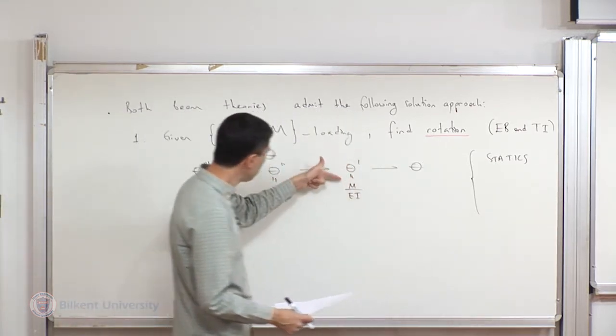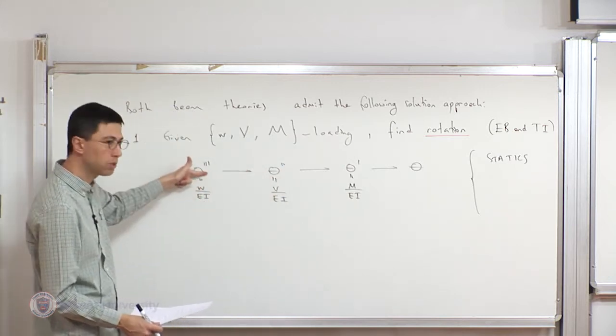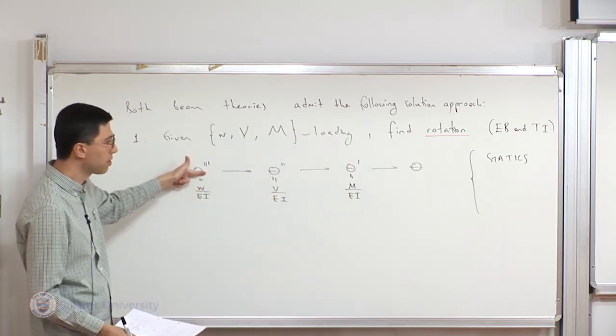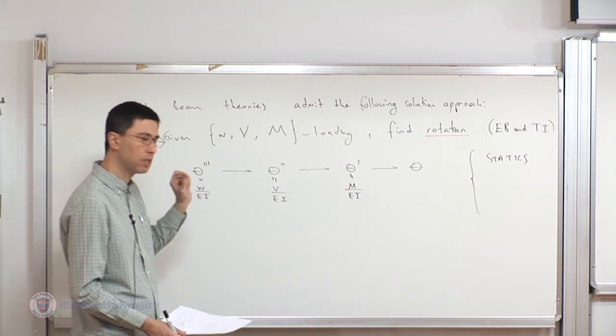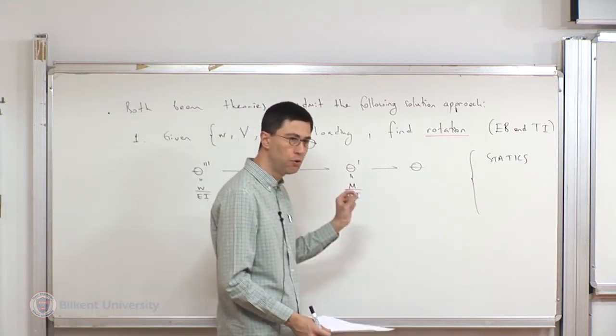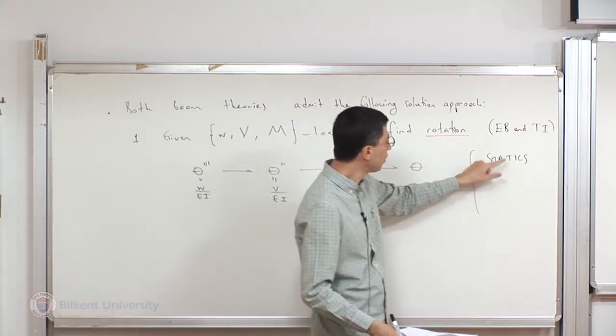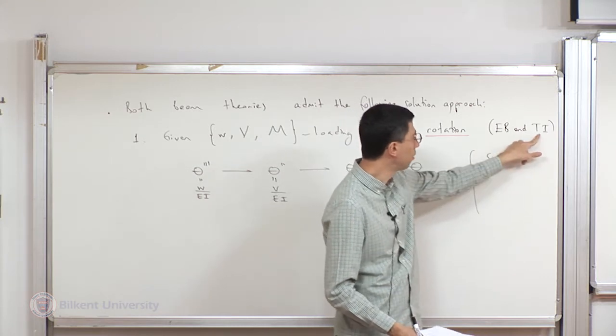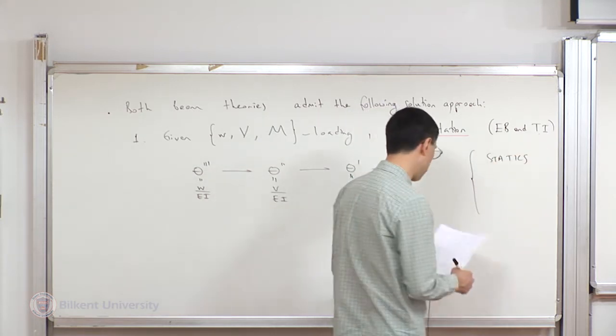But the fact that each of these equalities holds has to do with the assumption that plane sections remain plane. And that assumption is common to both Euler-Bernoulli and the Timoshenko beam theories.